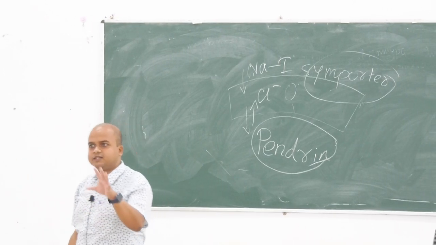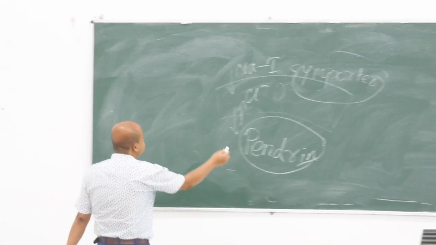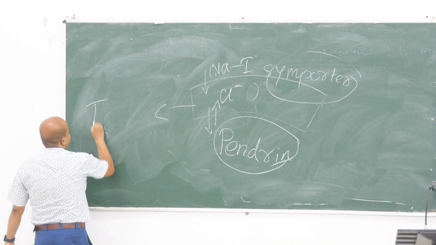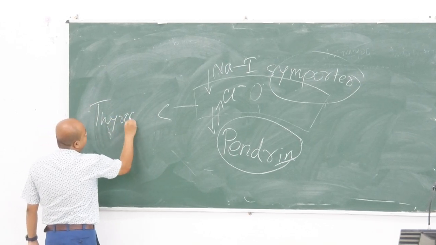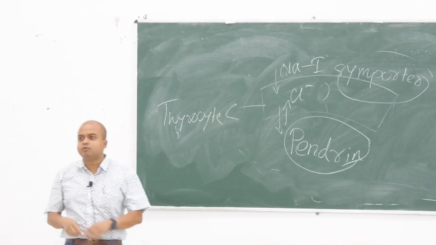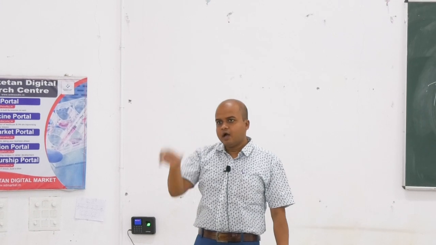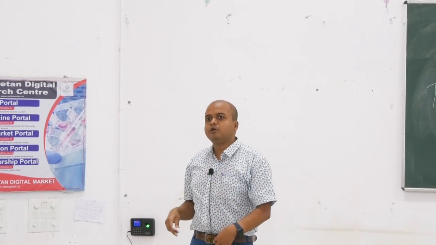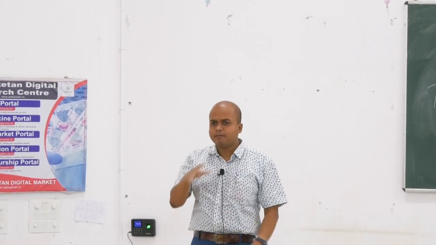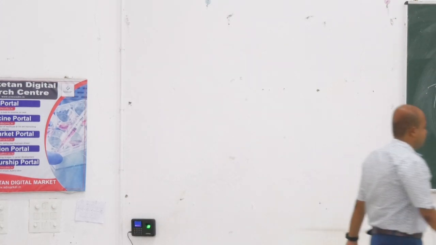So through the sodium iodide symporter iodine is entering the thyrocyte. This is the thyrocyte which is lining the follicle. So iodine is taken in by the sodium iodide symporter and incorporated into the thyroglobulin by means of the pendrin in exchange of chloride. Okay.